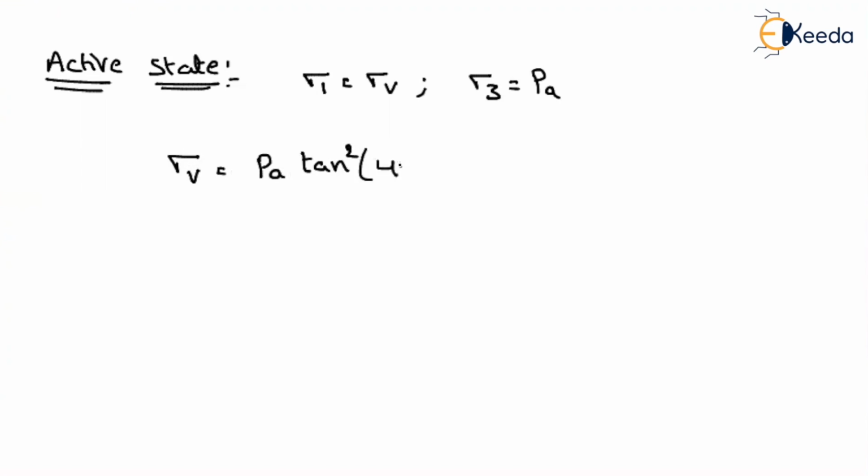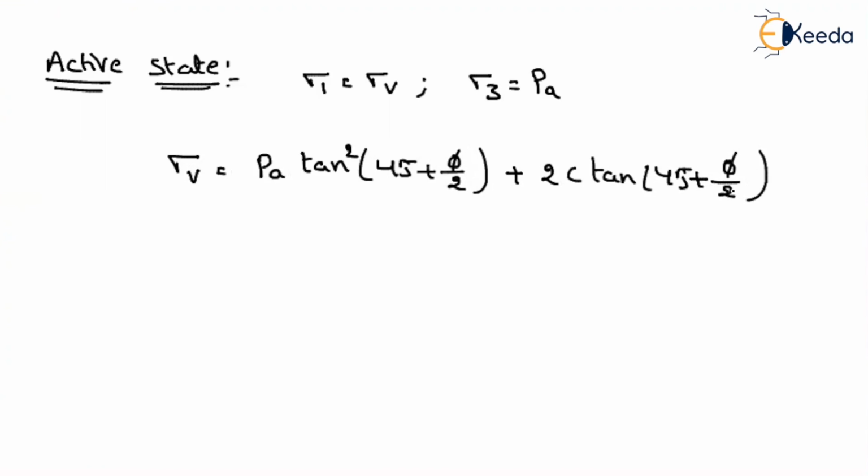If you are talking about the active earth pressure, the major principal stress is the vertical stress and the minor principal stress is the active earth pressure. Substituting in that relation, sigma V equals PA into tan square of (45 plus phi by 2) plus 2 into c into tan of (45 plus phi by 2).